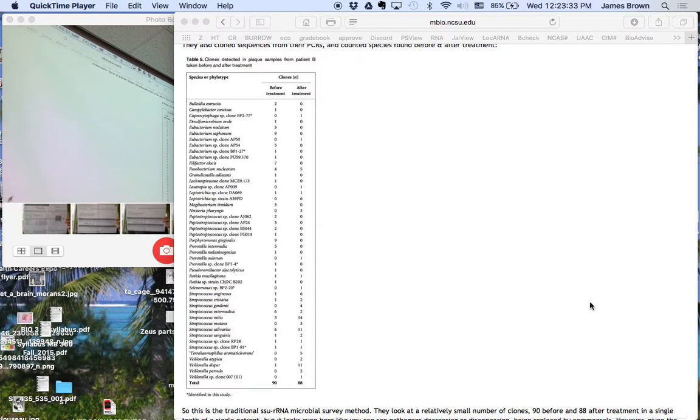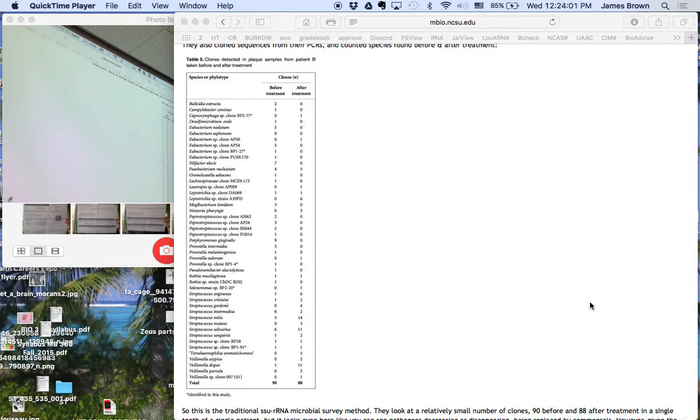Peptostreptococcus essentially goes away. That's good. Porphyromonas goes away. Prevotella goes away, except for this one. Who else? A bunch of streptococci are more abundant after treatment than before. Streptococcus is a good normal part of the biofilm community. And Veillonella is more abundant after treatment than before.